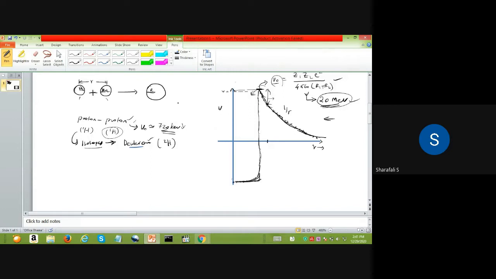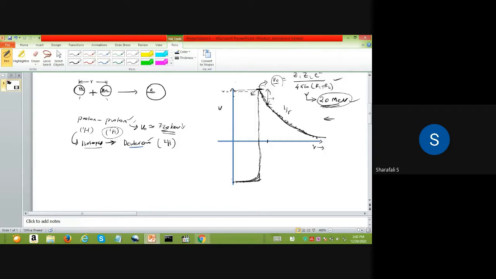So in order to have this nuclear fusion reaction, we need this much energy, which can cross this potential barrier, which can be done by using some accelerators. But the energy produced in this fusion reaction will be much lower than whatever energy we have to provide for the nuclear fusion to happen.